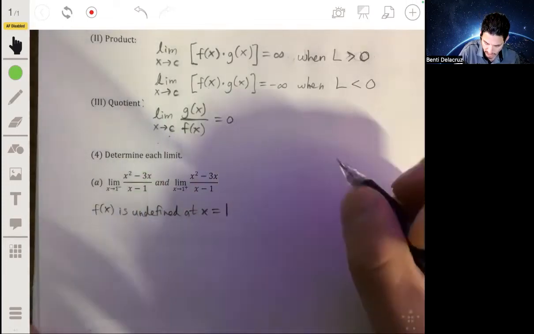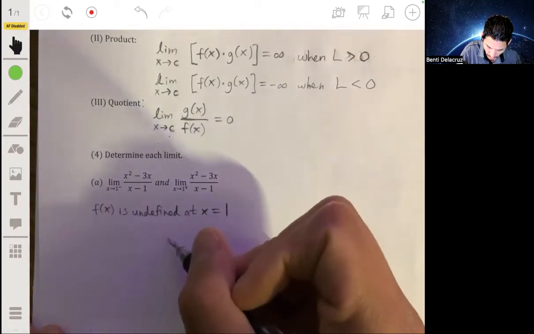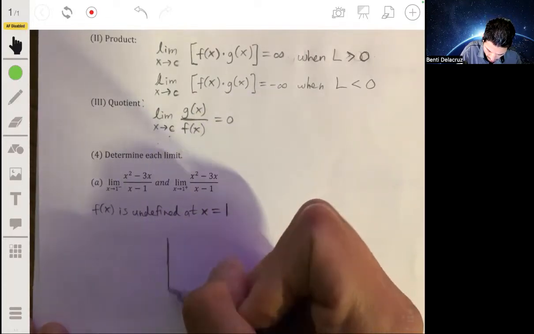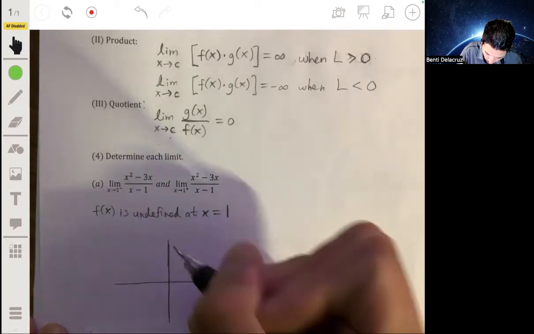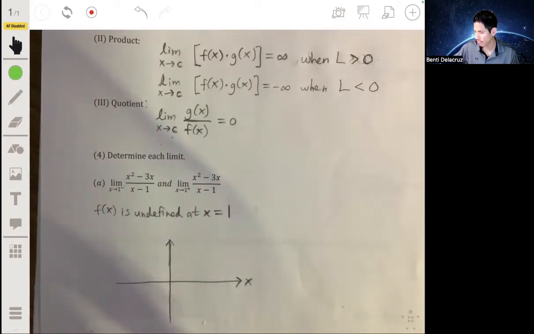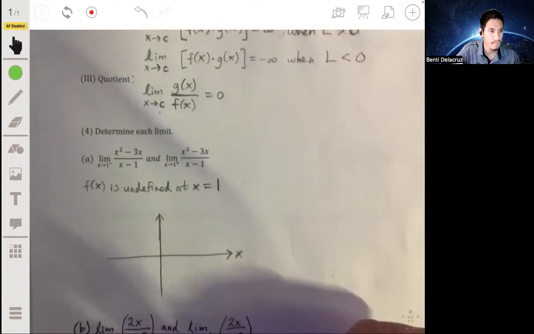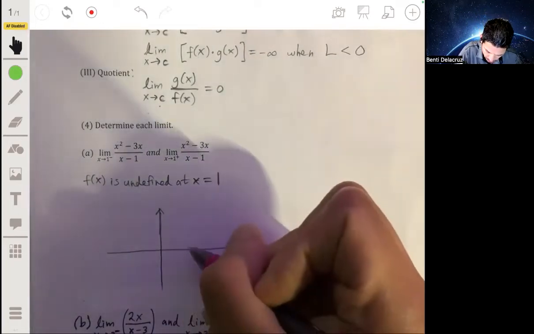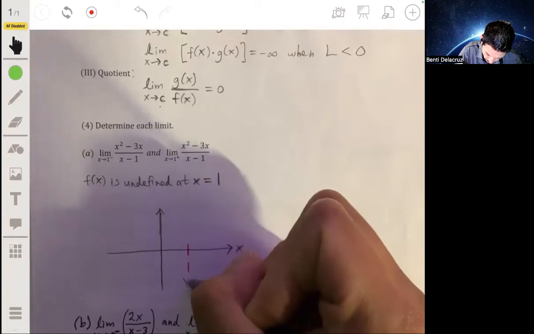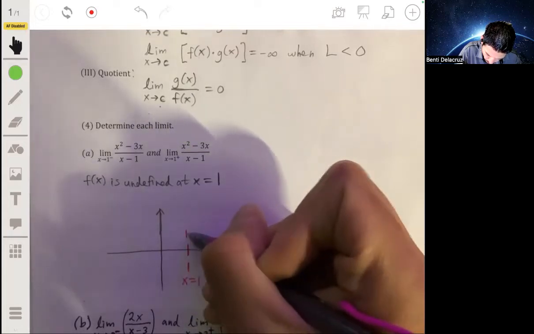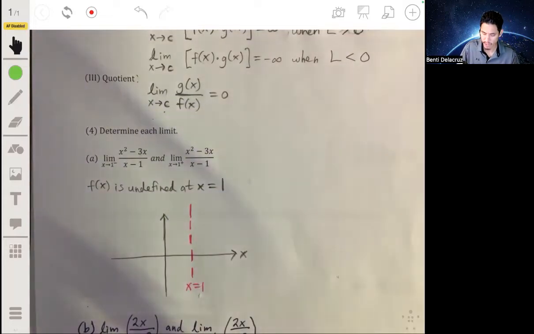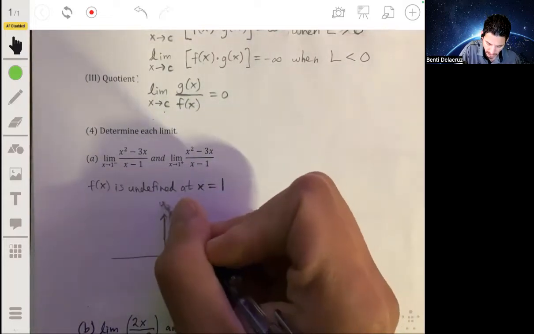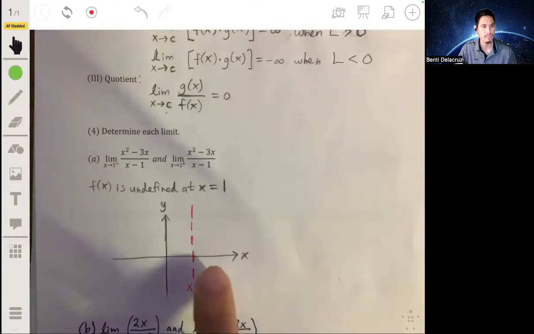Let's draw a sketch to get an idea of what's going on. We know we have a vertical asymptote at x equals 1. We want to see what's going on on the right side and the left side of this asymptote.